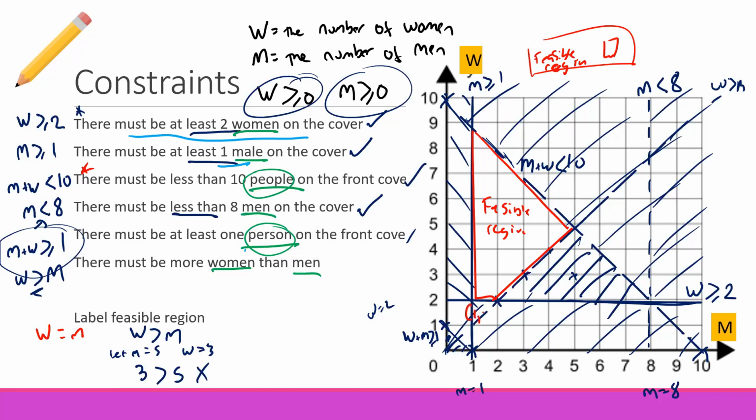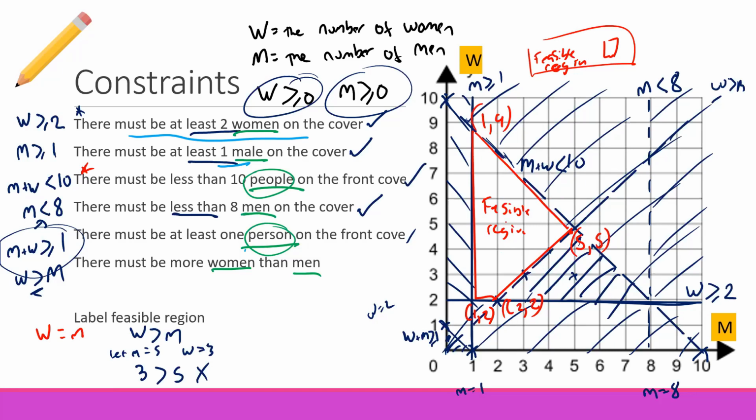So this is 1, 2, and this is 2, 2, because remember the number of women and the number of men have to be the same to here. So then everything on this line, W equals M. So that makes this one easy because this one's going to be 5, 5. And this one's going to be 1, 9.